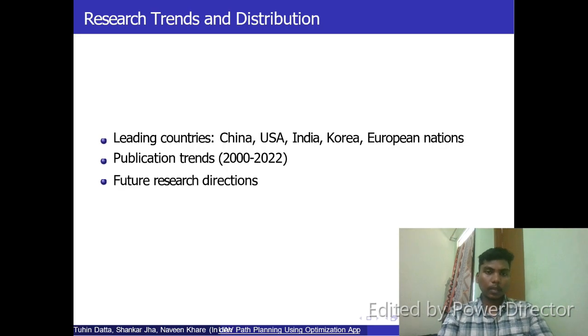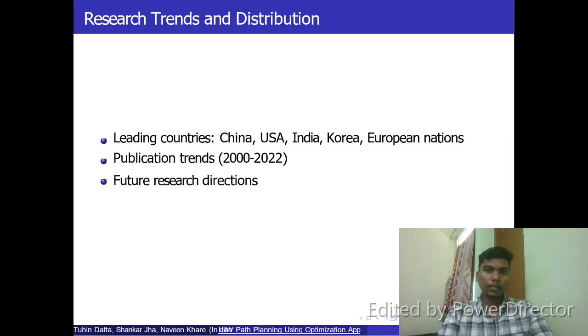Research trends and distribution. Research activity analysis indicates that China and the USA lead UAV path planning research, followed by India, Korea, and European nations. Publication trends show significant growth between 2016 and 2020, with a peak in 2018 indicating the field's expanding importance in autonomous systems research.